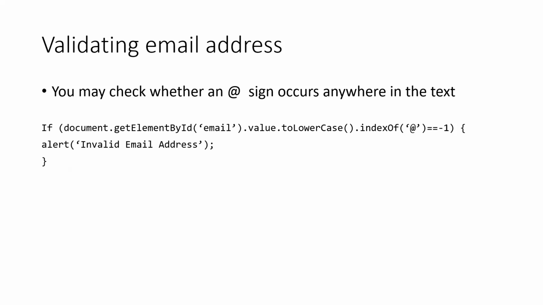So -1 means it's not there. So simply we are checking whether the at symbol is there or not. If it is equal to -1, that means there's no at sign in here, which means it will not be a valid email address. So usually we can say it's an invalid email address.